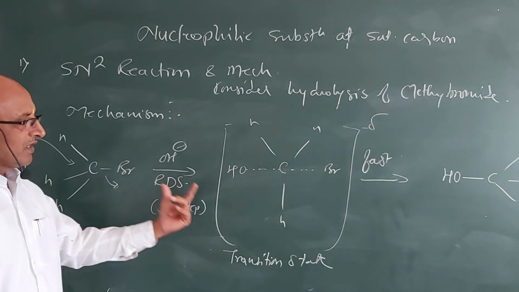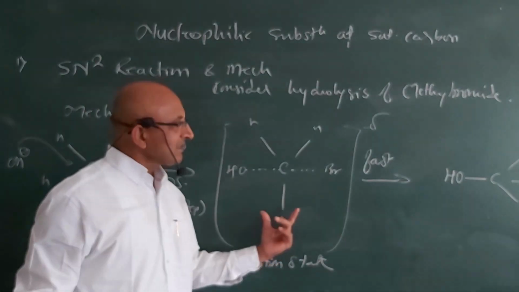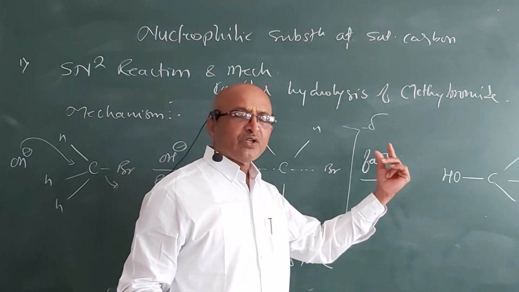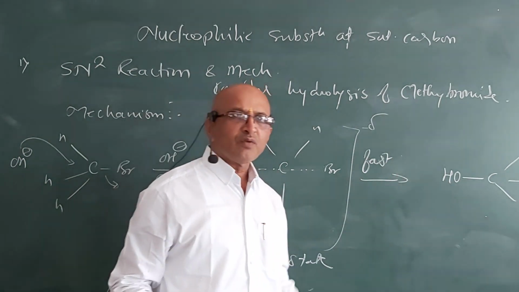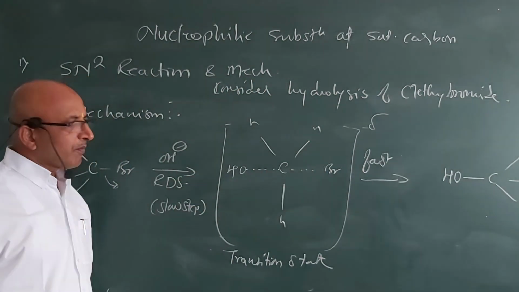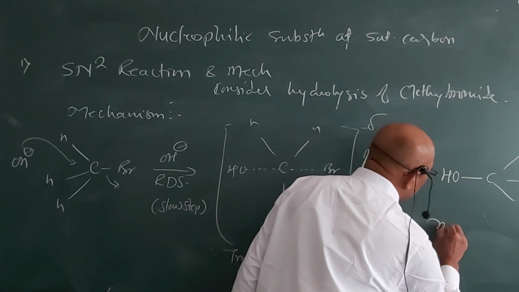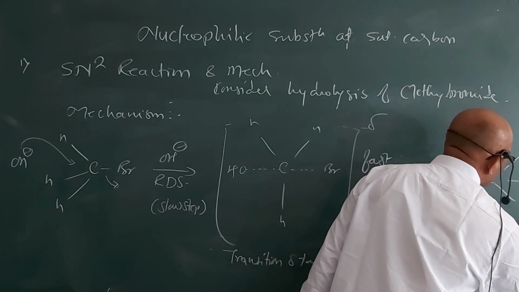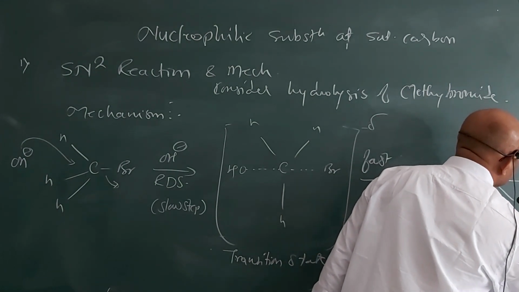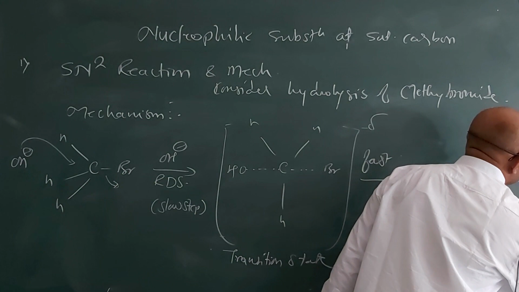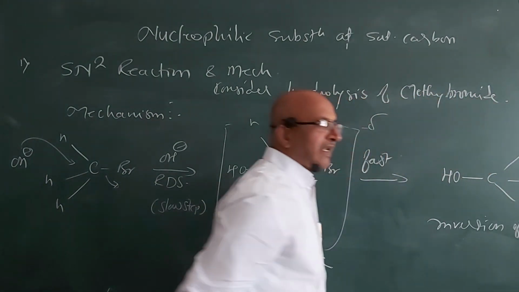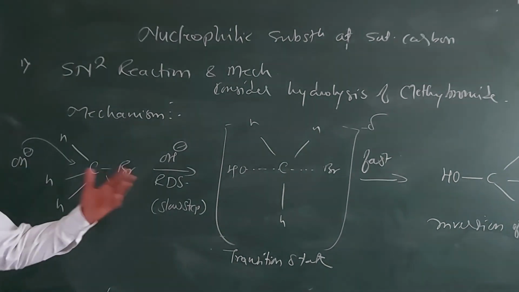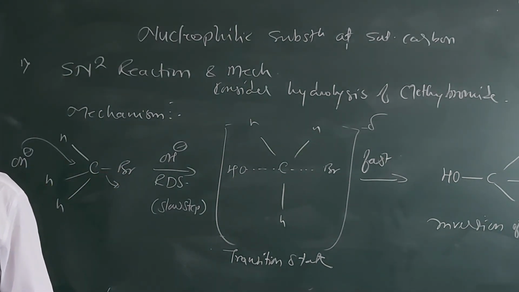As it attains the transition state, the Br leaves the molecule immediately and you get the formation of a product, which is obtained with inversion of configuration, means the configuration of the reactant and product are totally different. And so this is your SN2 mechanism.